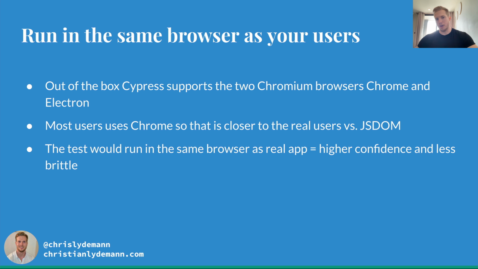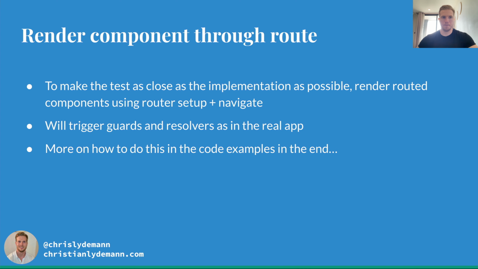The test will run the same browser as the real app, and that gives us higher confidence, and it's going to be less brittle. Because sometimes in JSDOM there's some part of, like, the window property that is not available, and then it basically fails and you need to mock it out, and we want to minimize all the need for fakes in our integration test app on the front end.